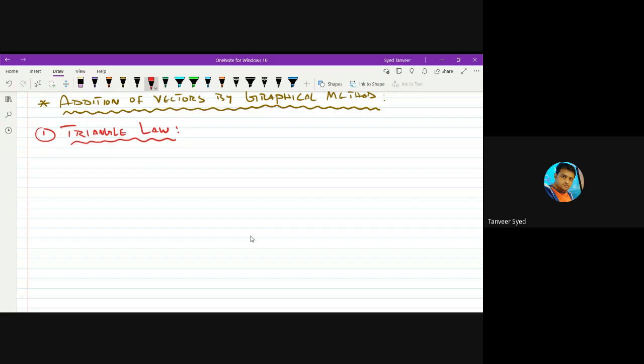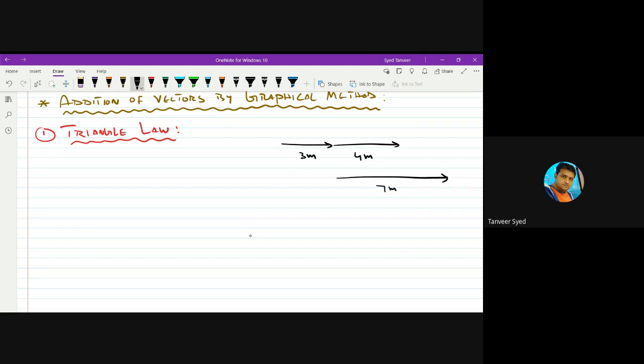Suppose I want to add this 3-meter displacement and this 4-meter displacement. The resultant of these two will be 7-meter displacement.